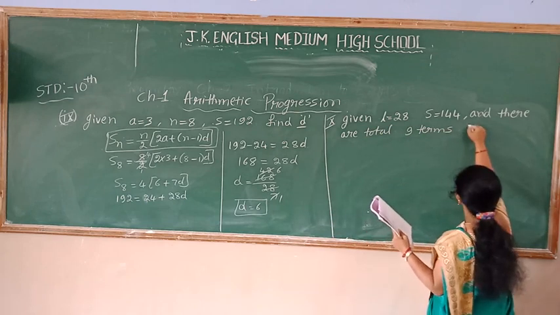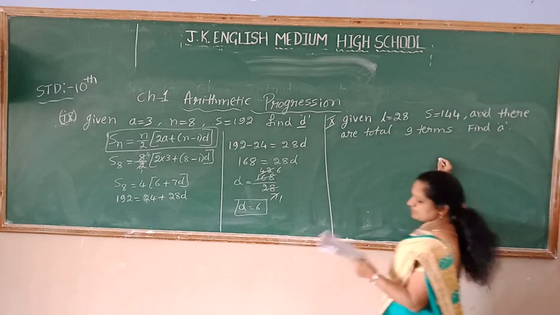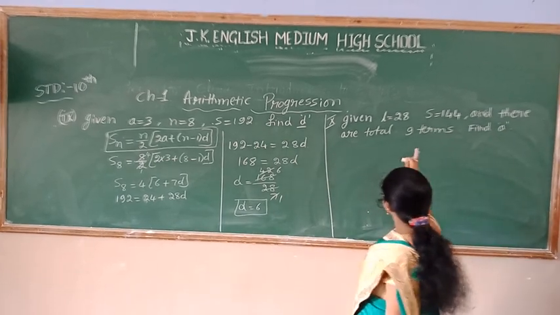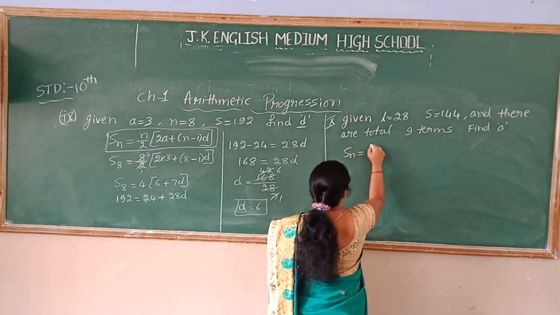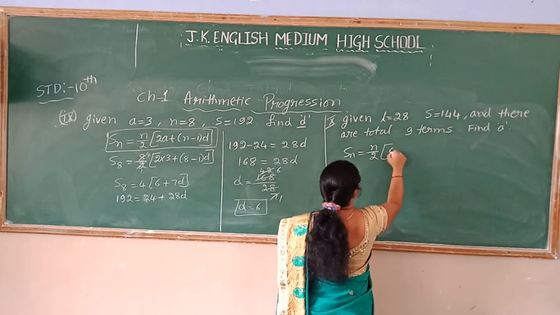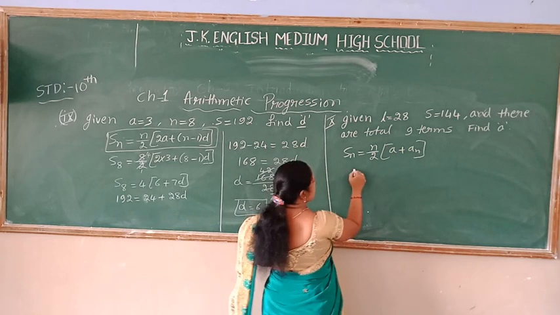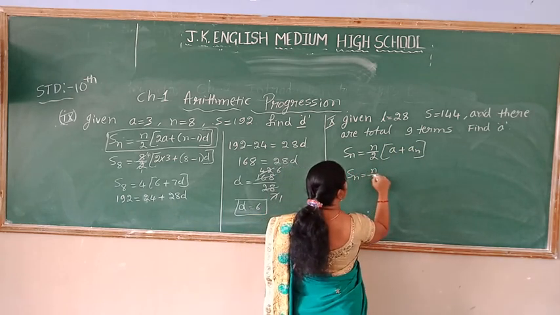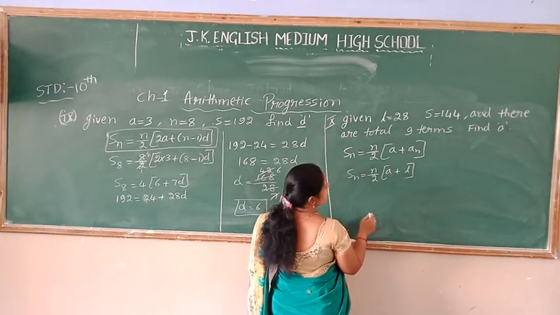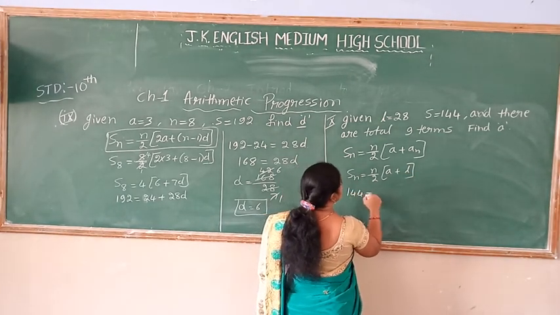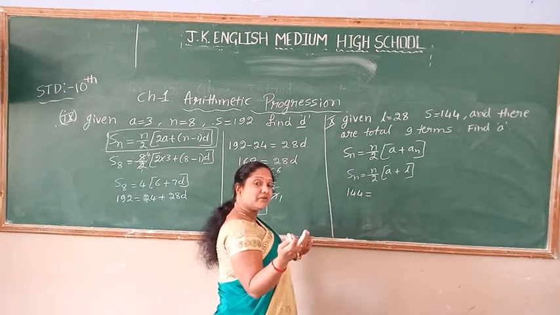Find a. Observing the given values, I know the last term, so I can use the formula Sn is equal to n by 2 into a plus the last term. In place of an you can write l also, because an is nothing but the last term of the AP. So Sn is 144, and there are total 9 terms, so the number of terms is 9.